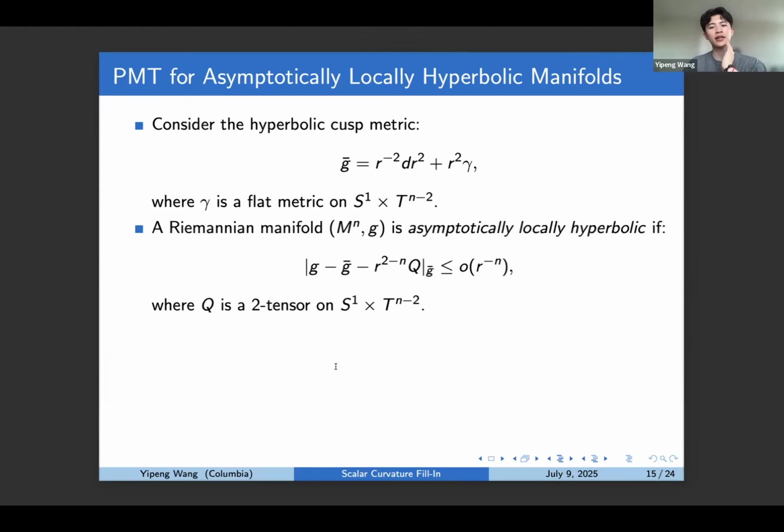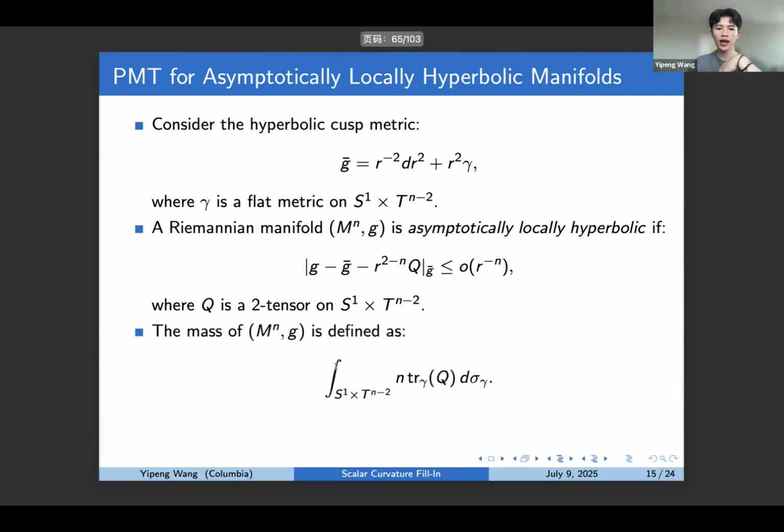Then let's say a Riemannian manifold is asymptotically locally hyperbolic if, well, you can also impose this condition, so that the first order of the expansion is just this hyperbolic metric, and the next order expansion is given by some symmetric 2-tensor on the boundary, with this given power. And then you can define the mass of this asymptotically locally hyperbolic manifold in a very similar way.